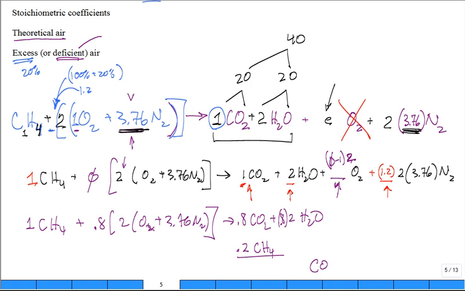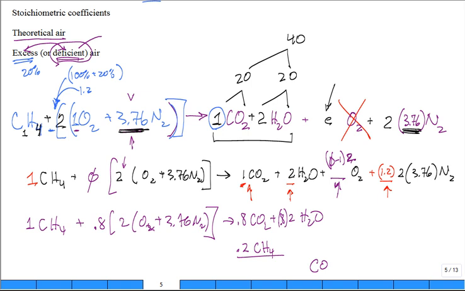So it looks like excess and deficient air are just as easy to analyze. Not really. Deficient air is a real challenge at times because you don't know what happens to the fuel. Does it partially combust and go to CO, like it's ready to continue to get to CO2? Or does it just kind of go through? Some of it completely combusts and some of it doesn't combust at all.